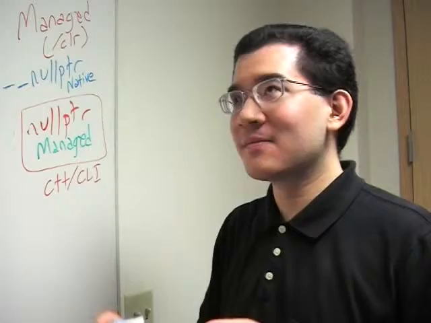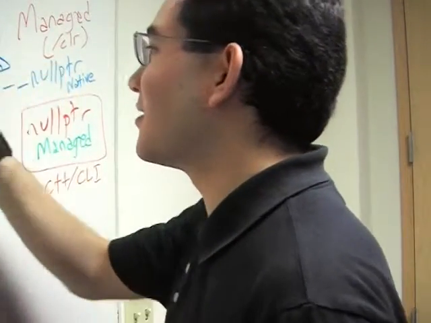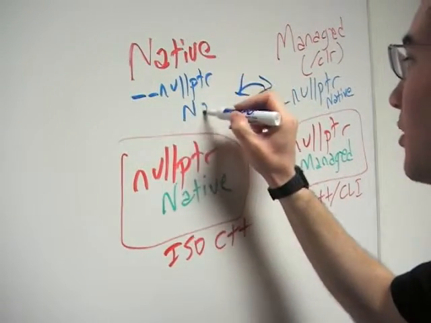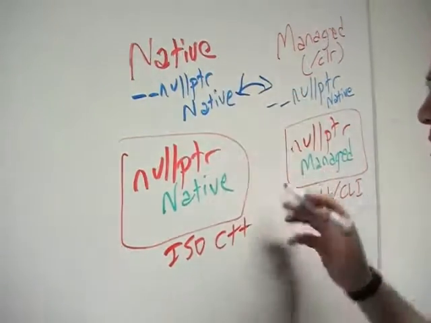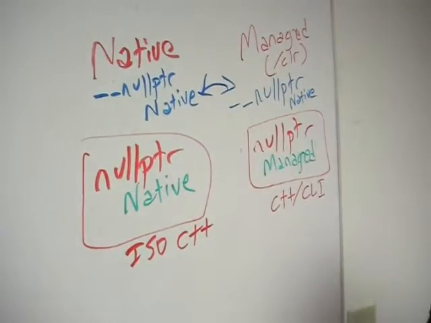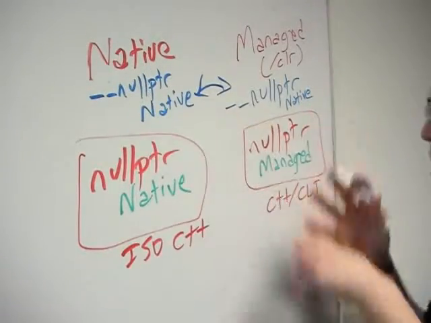And I only recently learned this is also available in native. So if you say __nullptr, it's always going to be the native nullptr. We use this in our headers just because our headers can be compiled either native or managed, and otherwise we would have to ifdef. Here, if we just say double underscore, we always get native.